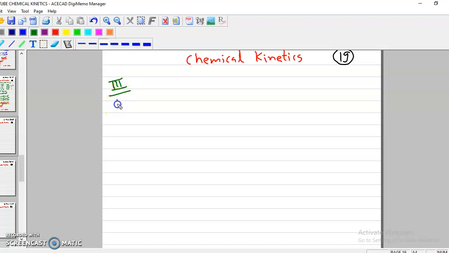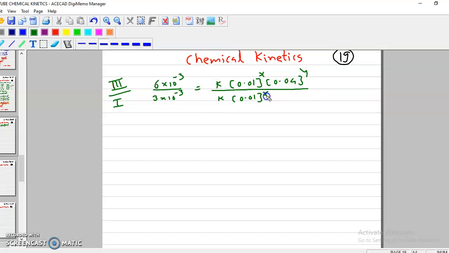So set 3 upon set 2: the rate will be 6 into 10 raised to minus 3 upon 3 into 10 raised to minus 3 is equal to k 0.01 raised to x 0.04 raised to y upon k 0.01 raised to x into 0.02 raised to y.